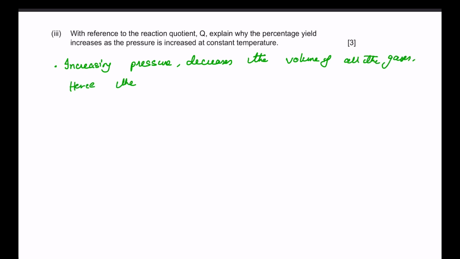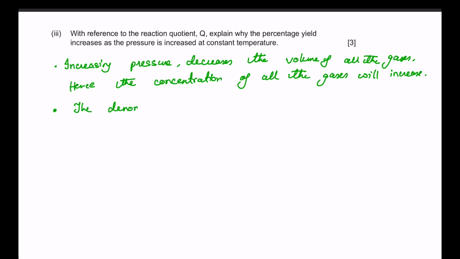Hence, the concentrations of all the gases will increase. Now the denominator of the reaction quotient will increase more as compared to the numerator.